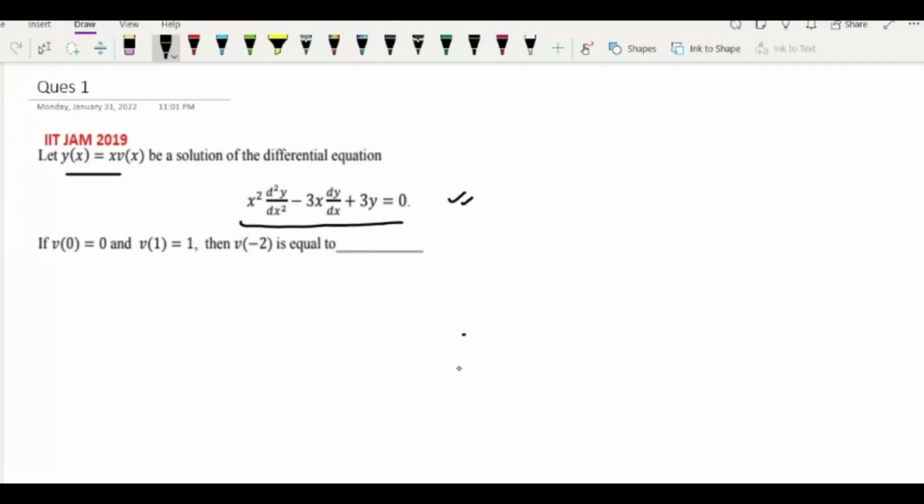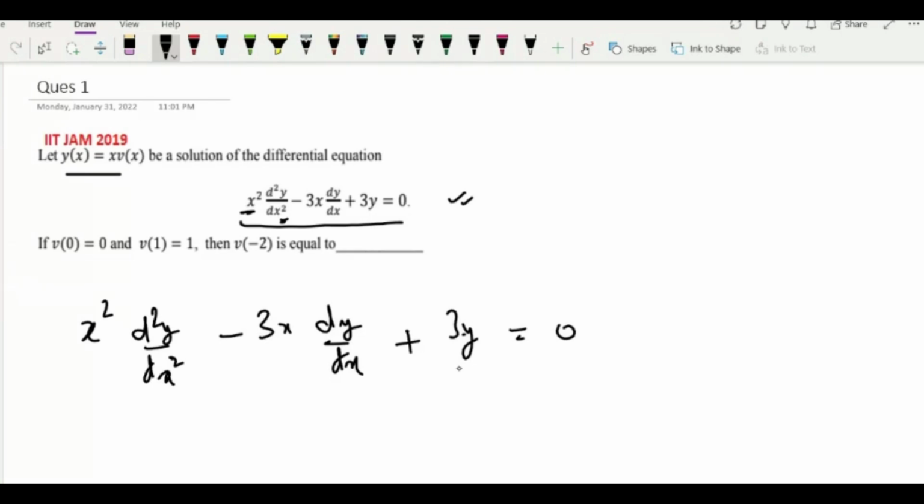Here we have the equation of type x square d2y upon dx square minus 3x dy by dx plus 3 into y. The power of x matches with the differential order, so this is our Cauchy-Euler equation: x square d2y upon dx square minus 3x dy upon dx plus 3y is equal to 0.